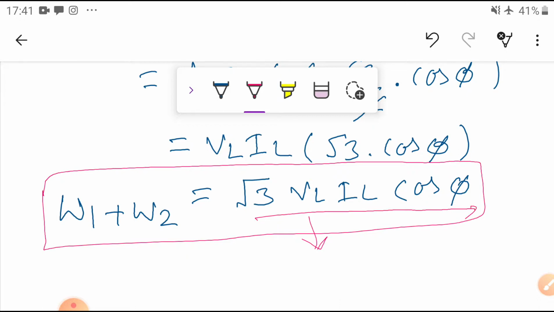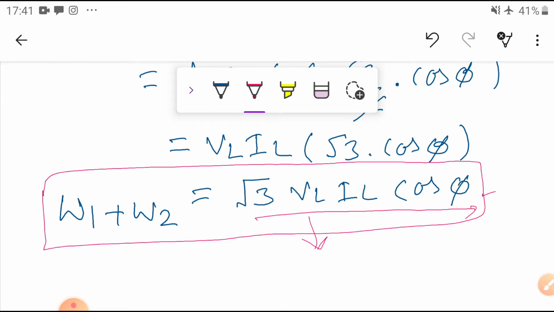Okay, dear students, what is the 3-phase power? That is root 3 VL IL cos 5, where VL is the line voltage, IL is the line current, and cos 5 is the phase angle between the voltage and current. If you know the power factor, the IL and the VL, we can calculate the power.